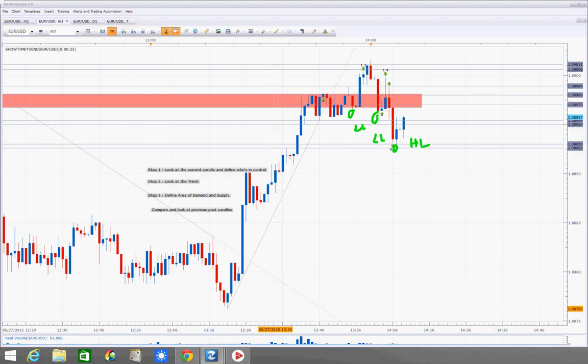We close that. Alright, I'll close it for now because if it was a correction, I'm going to want to re-enter at a higher level.